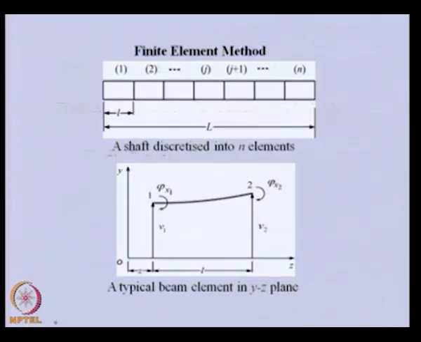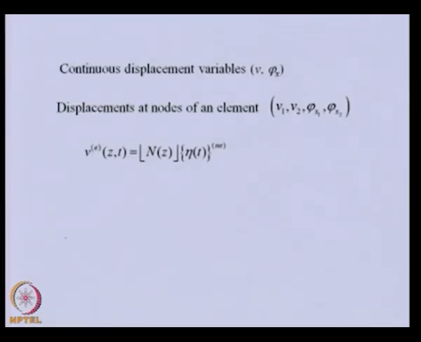Now, when we consider the continuous system, the continuous displacement variables we had were the linear or translational displacement and the slope. Now, for this particular element, we have two nodes, and at the nodes we have 4 variables.